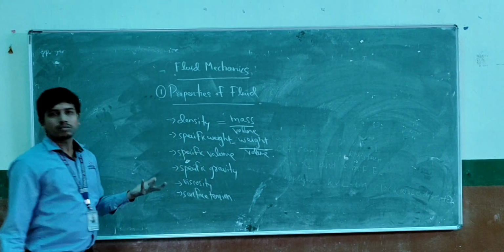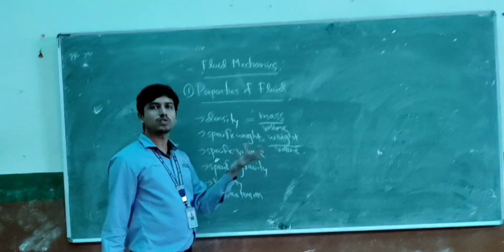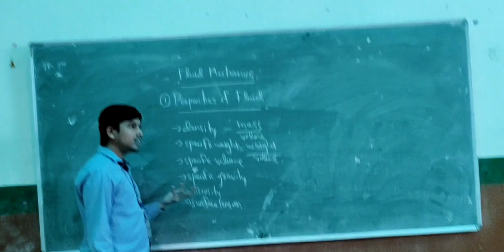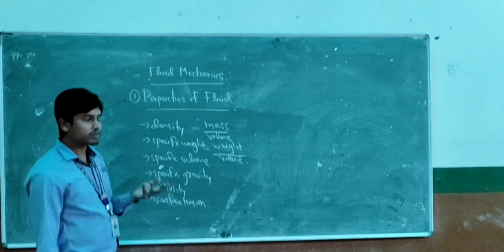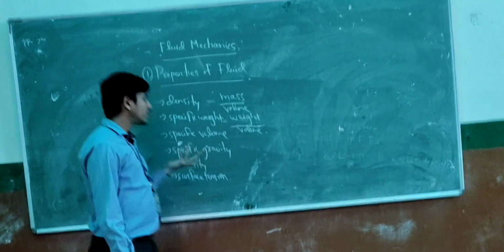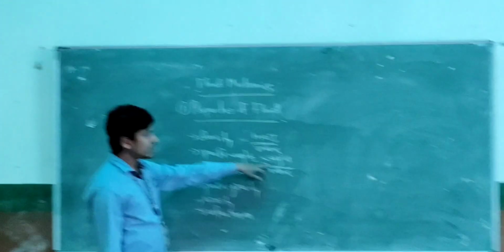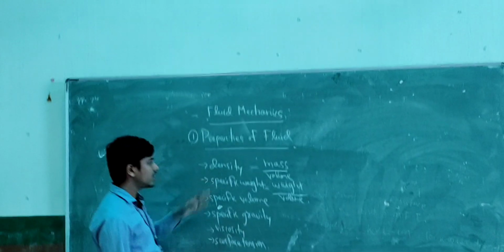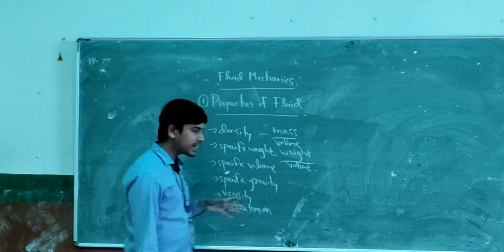So weight is the multiplication of mass and acceleration due to gravity, because generally we don't see weight as a force. Okay, weight is actually a force, experienced due to gravitational acceleration.